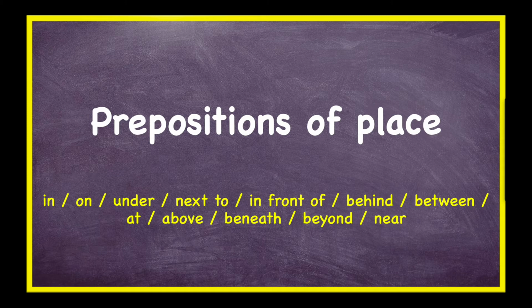Or is it at the beach? Is it above the water? Is it beneath the water? Is it beyond the hills? Or is it near the box? All right, so these are all prepositions of place, and it's probably the kinds of prepositions that you learn about first when you learn English. Okay, something very physical, something tangible, prepositions of place.